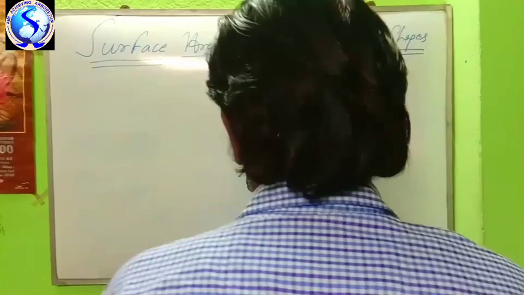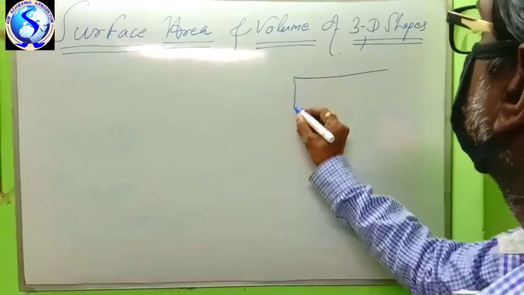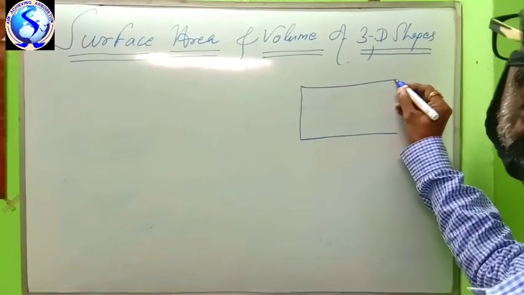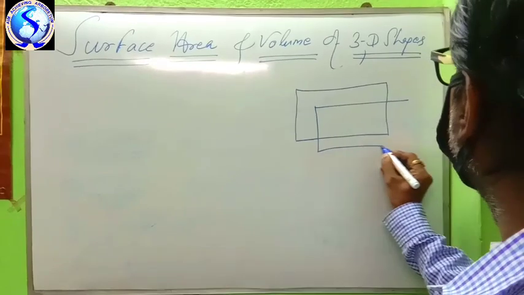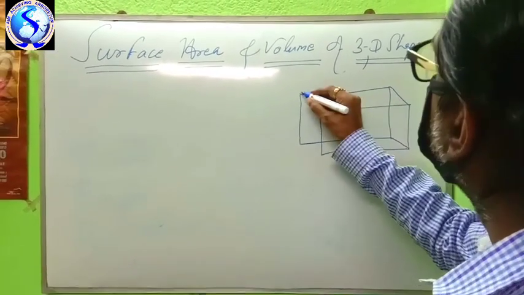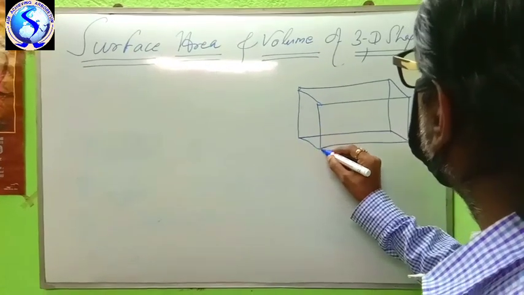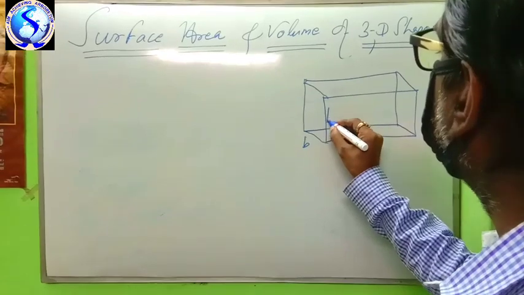First I am taking cuboid. This is a cuboid, like a brick. This one is length, this one is breadth, this one is height.